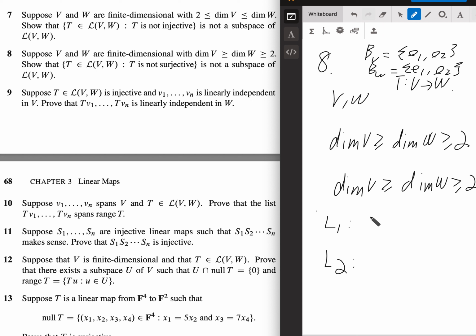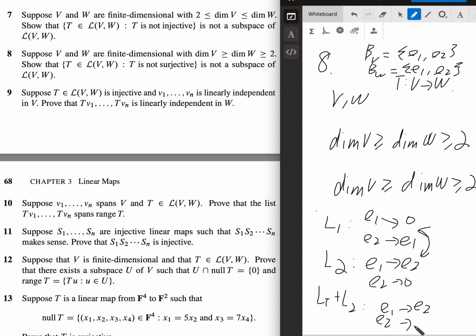So E1 once again maps to 0 and E2 maps to E1 in linear map 1, and in linear map 2, E1 maps to E2 and E2 maps to 0. Adding them up, you once again get that L1 plus L2 maps E1 to E2 and E2 to E1. And that once again is a surjective map.